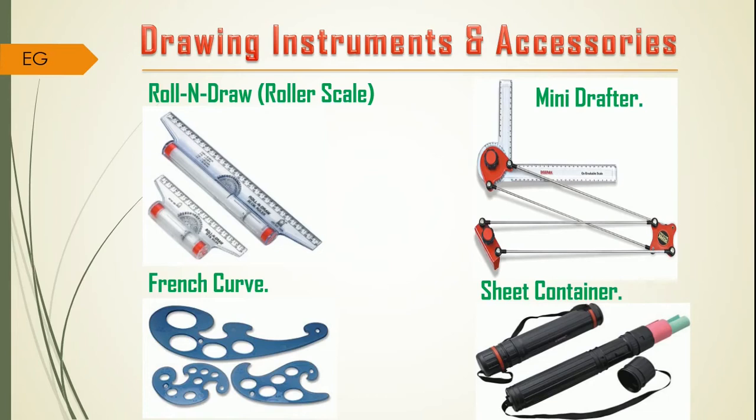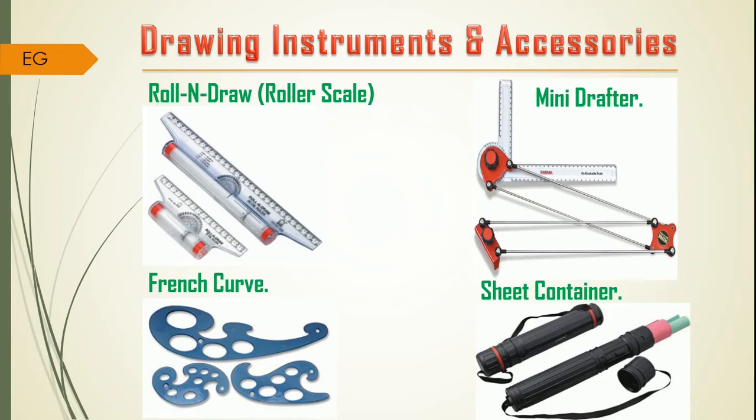One is to the left side. At first you have the roll and draw, which is also popularly called a roller scale. It is available as a 16 centimeter or 30 centimeter scale ruler, and it can be rolled down and up as per the requirement.